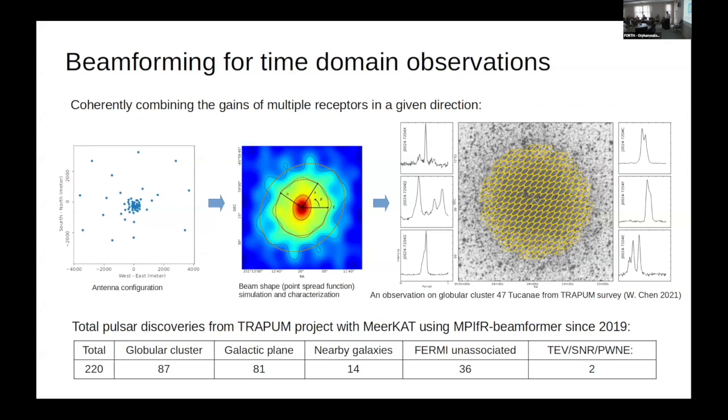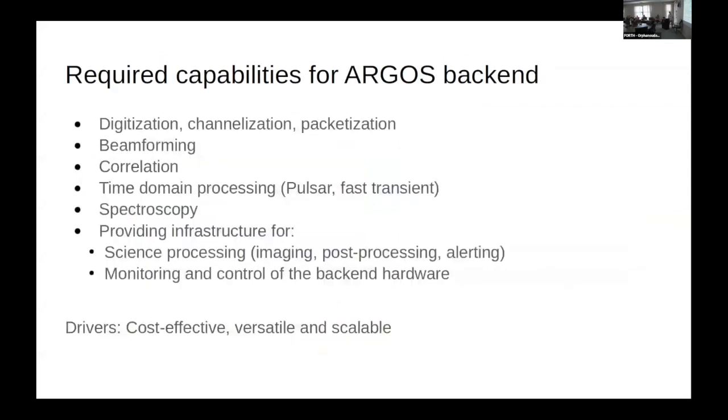Yeah. And then we go back to Argos. The requirements for the backend are channelization and also performing cross correlation. We also do time domain processing for pulsars, pulse searches, and other time domain sources. In the meantime, we provide infrastructure for science processing such as imaging, post-processing, and converting, and also provide inputs for monitoring and control of backend hardware.